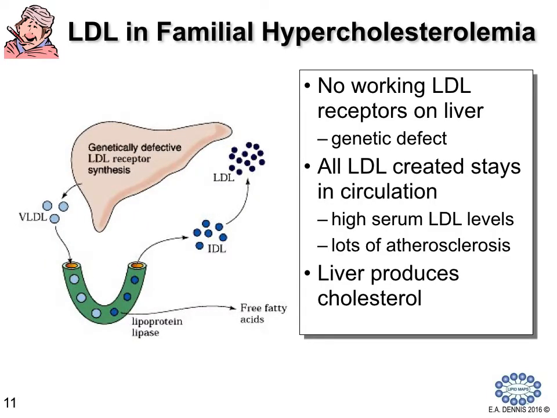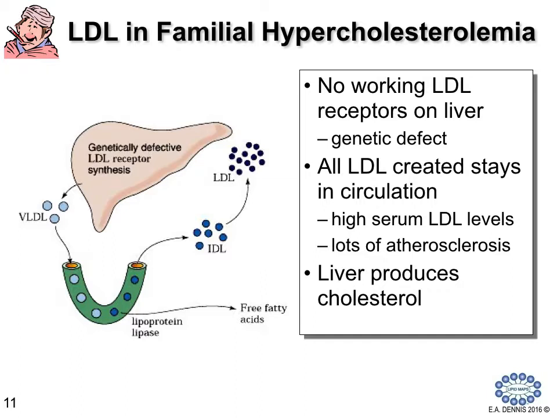The second example is the other extreme. What happens in the case of familial hypercholesterolemia? Well, there are no working LDL receptors on the liver. This is a genetic defect. The VLDL is still produced normally, but the resultant LDL is not taken up by the liver and stays in circulation.